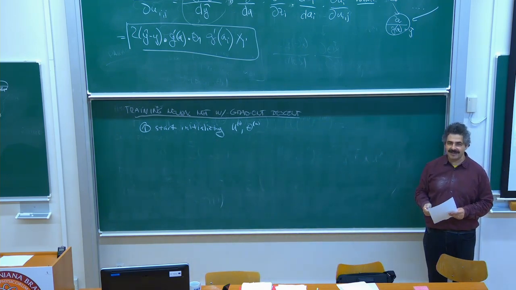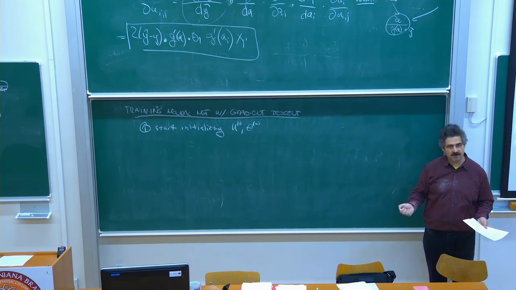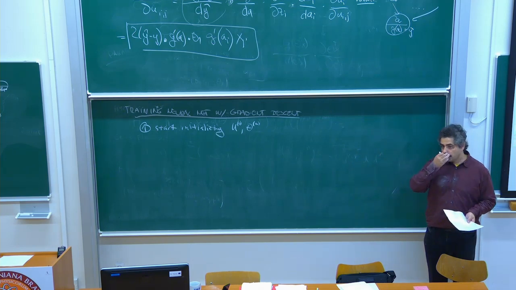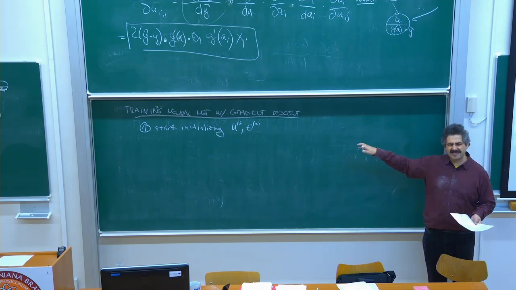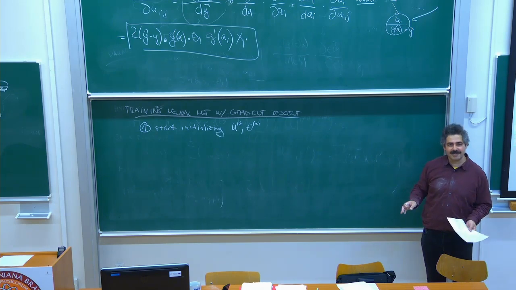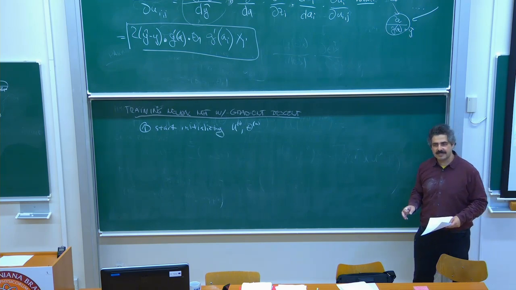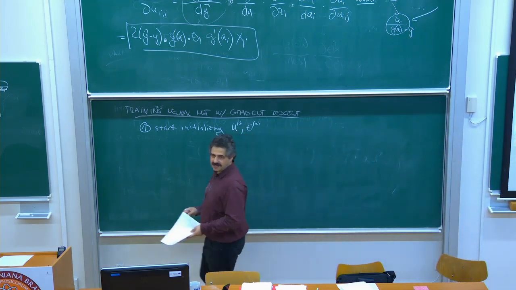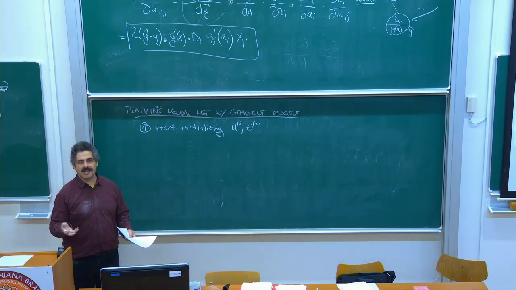A good question is how. There are lots of black magic tricks that will help you to do that, and you will learn them in the neural networks class. But you can try random values. You shouldn't try symmetric values, so you shouldn't try setting them all to the same thing, and don't set them to zeros at the beginning. It doesn't work really well. So for the first try, you can just initialize them randomly.